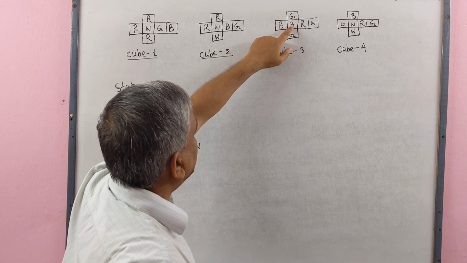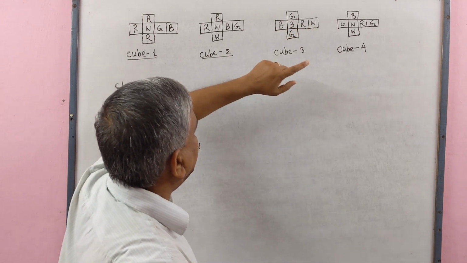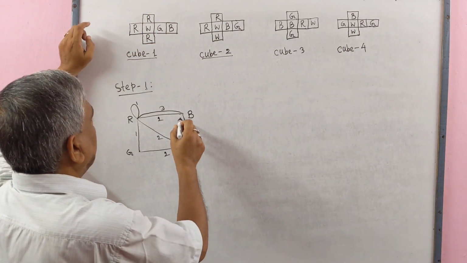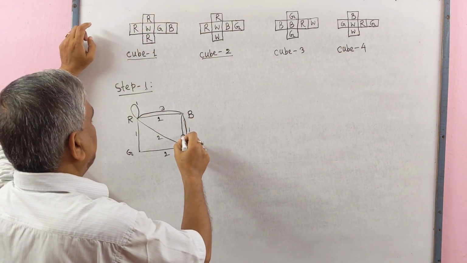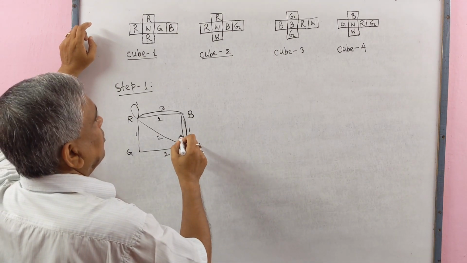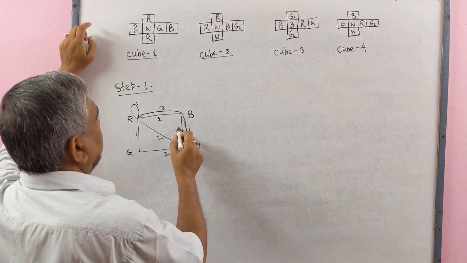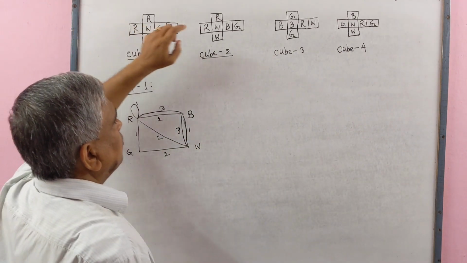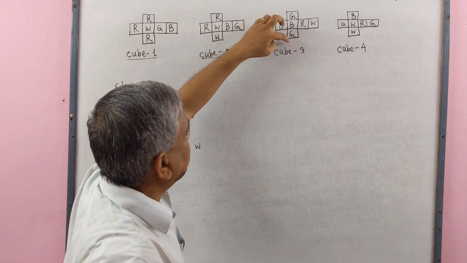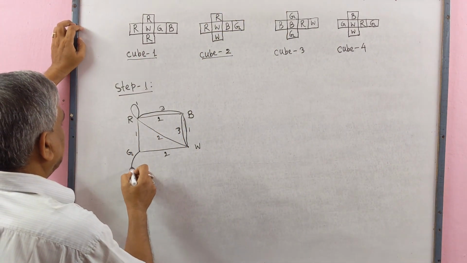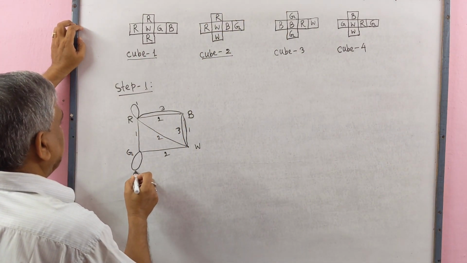Then B is the front and W is the back, so we join B and W. This is 3. Now top and bottom are GG, so we draw GG. This is third.